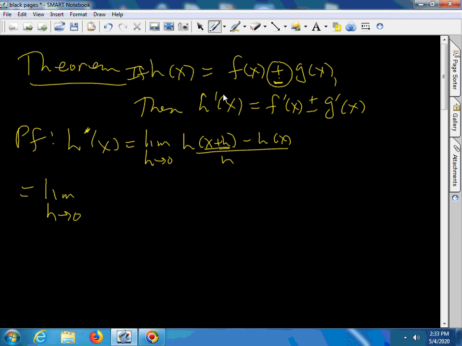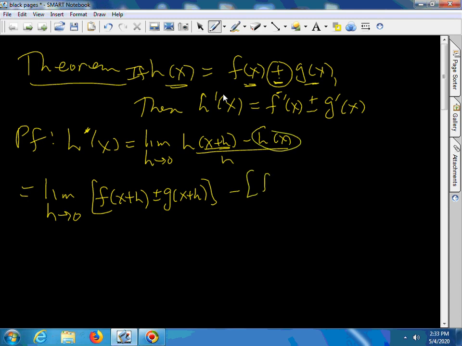Well, h of anything is f of anything plus or minus g of anything. So it is f of x plus h plus or minus g of x plus h minus h of x, which is f of x plus or minus g of x. And this all gets divided by h.